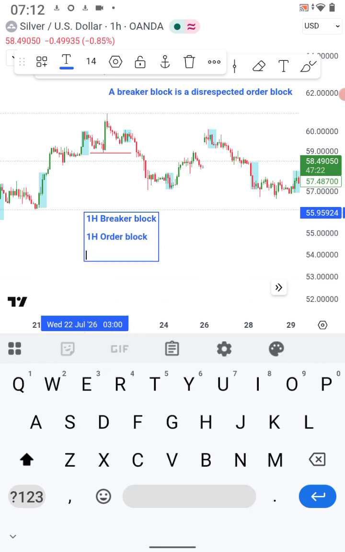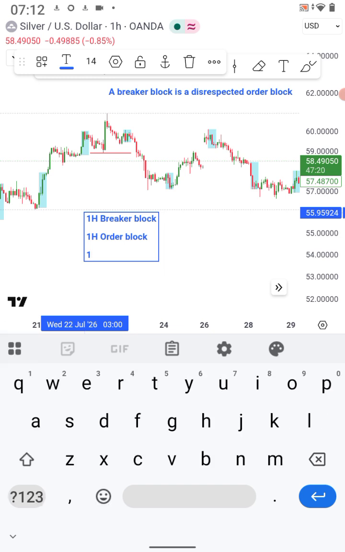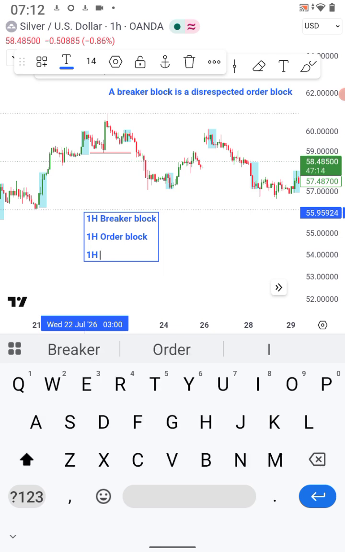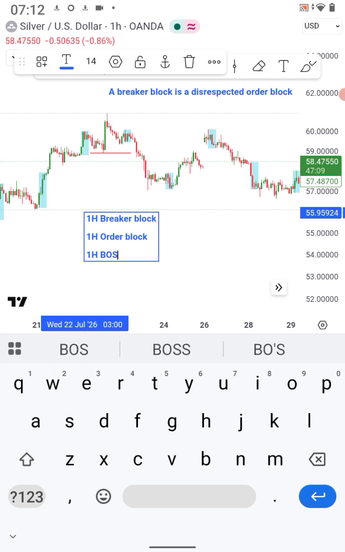I want to see 1 hour break of structure, BOS. BOS means break of structure. So I want to see 1 hour BB, that is breaker block. I want to see 1 hour order block. I want to see 1 hour break of structure.